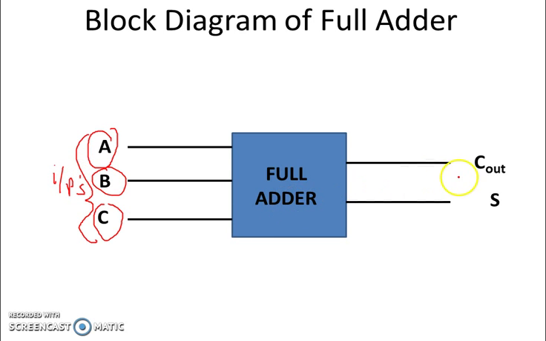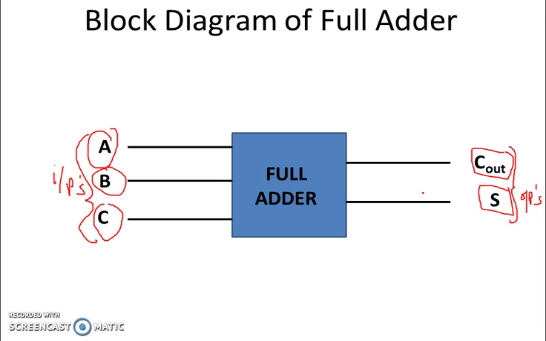The outputs are sum and carry, where sum is indicated by S and carry is indicated as C out in this case. If you clearly see that diagram, a full adder adds 3 bits at a time, in contrast to a half adder which adds 2 bits at a time.